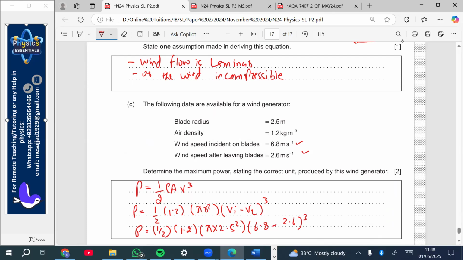Yeah, the answer is not coming correct. It means I have made a mistake, and the mistake is that I have to take the speeds cubed separately.